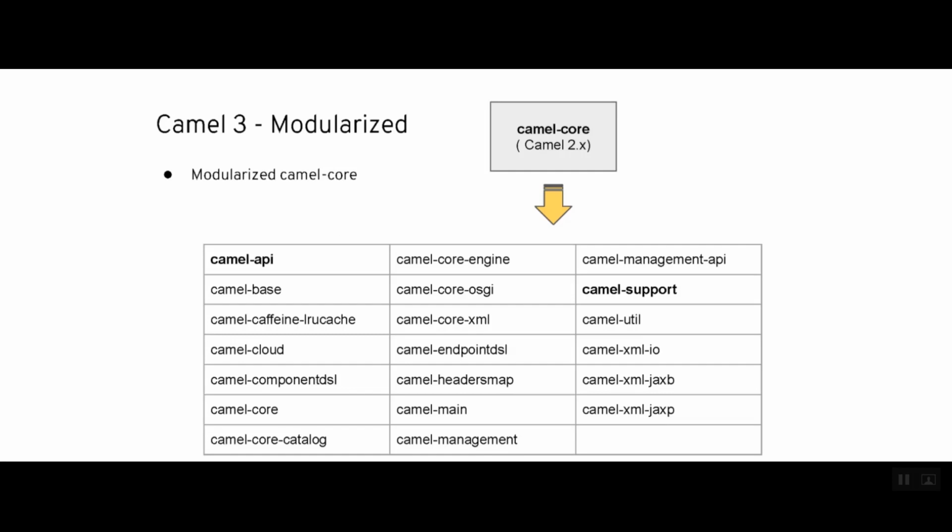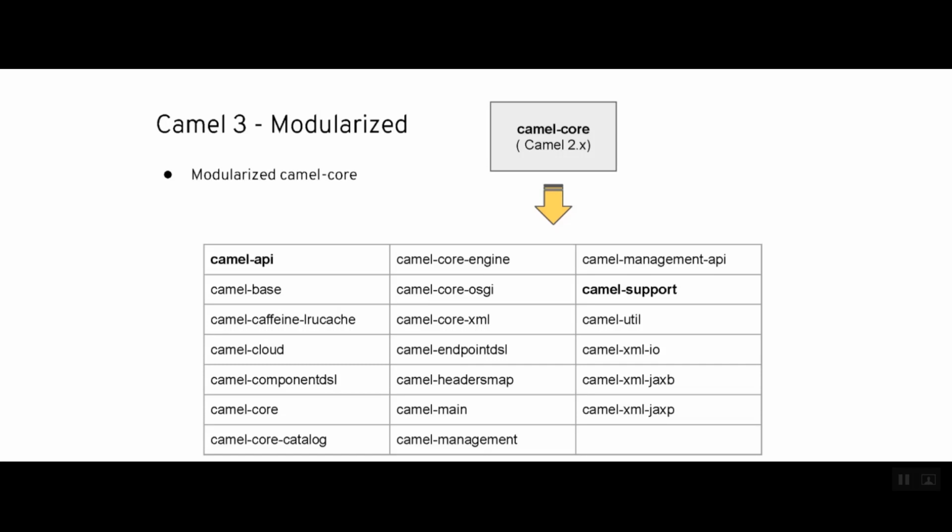So, about the modularization of Camel core. In Camel 2, all the core stuff was inside a single jar. To modularize this, we split the core classes and functionalities into multiple modules, and in the end we have 34 modules. You are probably wondering why we underline Camel API and Camel support.